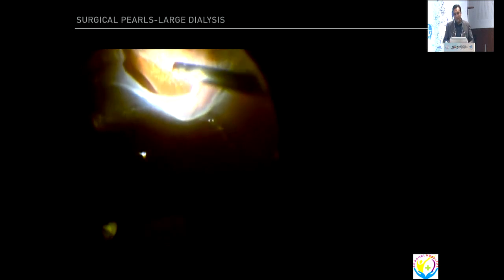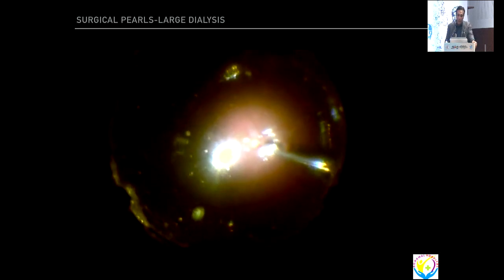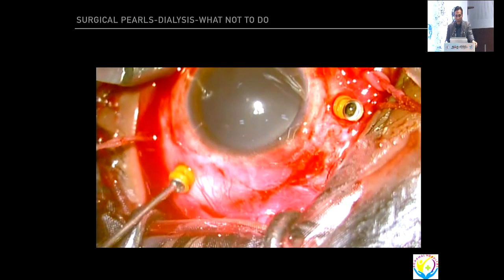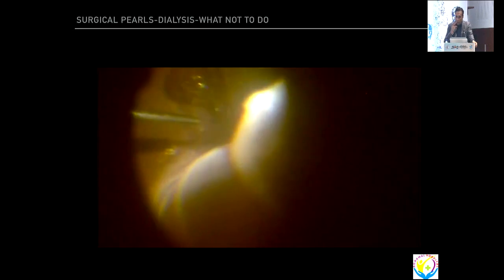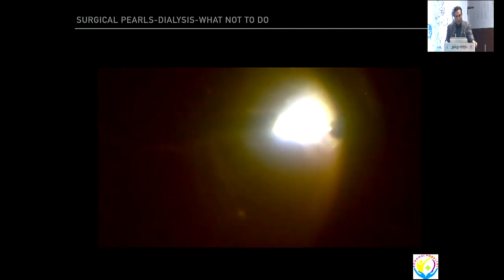Thorough base dissection and freshening up the edges of the dialysis is what usually works here, and there can be no compromise in the time you give to the peripheral dissection in these cases. One thing I would like to point out is that these are anterior pathologies, and you have to be very careful. Like in this case, the cannula was kinked, and all the fluid was going through the large dialysis into the subretinal space, and there was practically no place to work on.